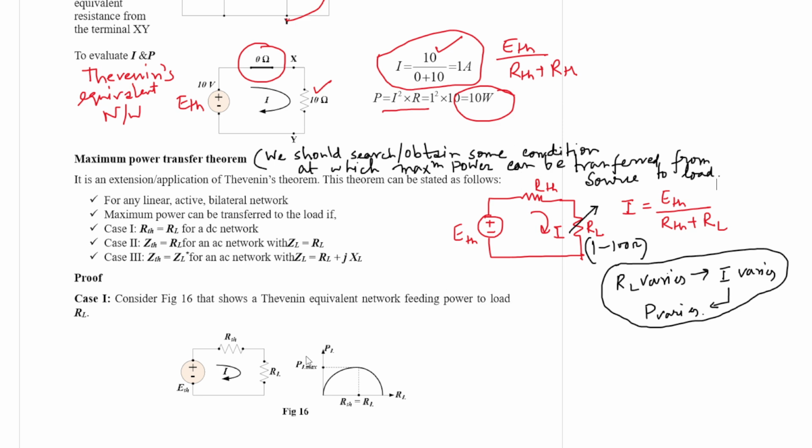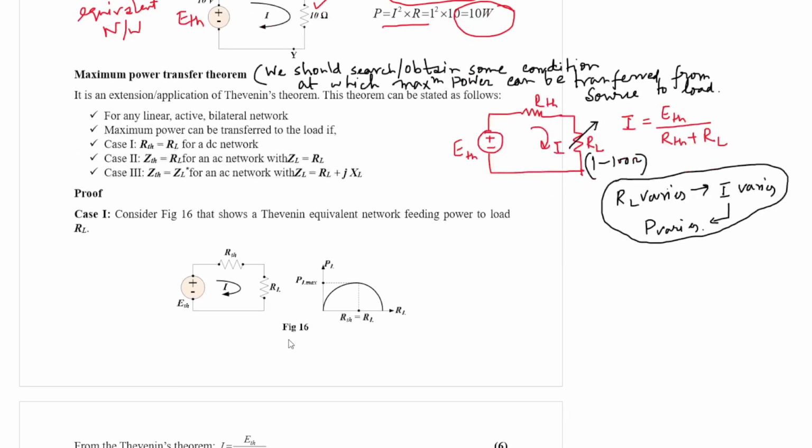That is exactly the statement of the maximum power transfer theorem. It is a general statement for a linear active bilateral network. Maximum power can be transferred under the following conditions.